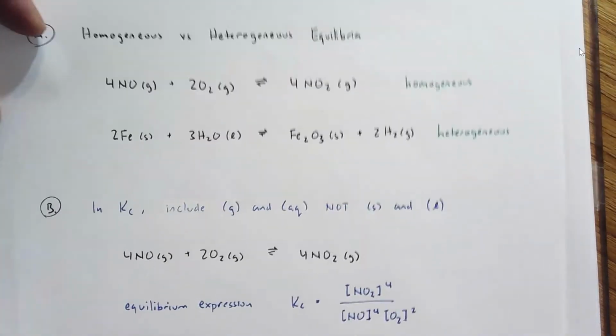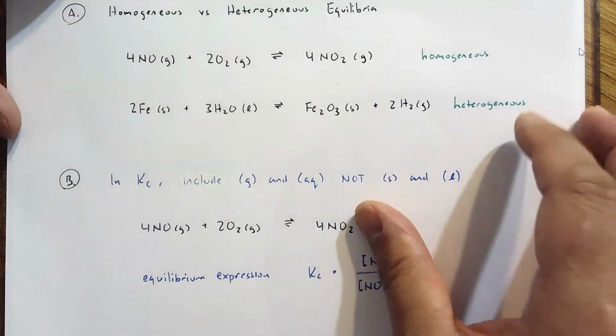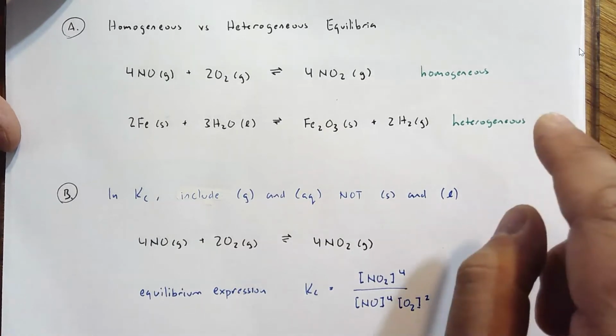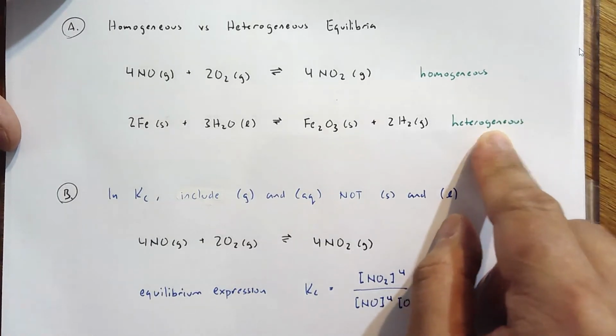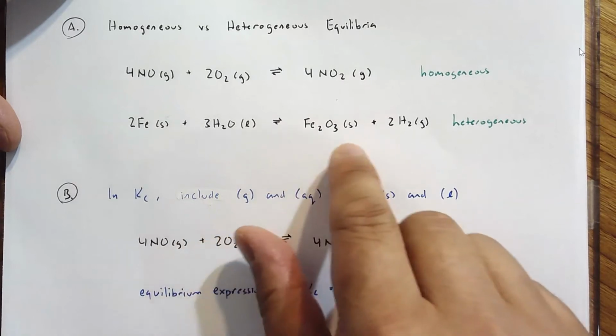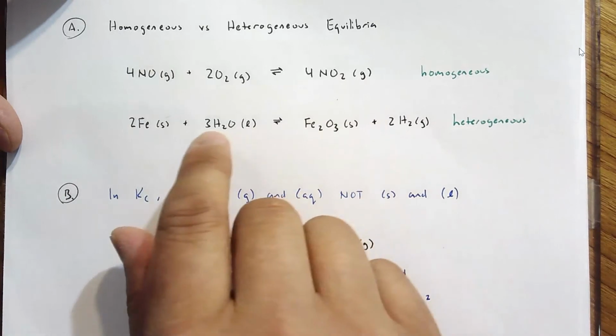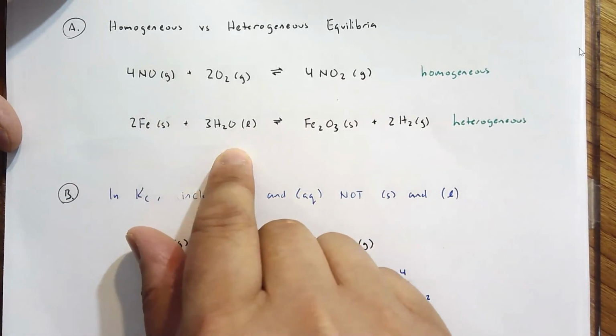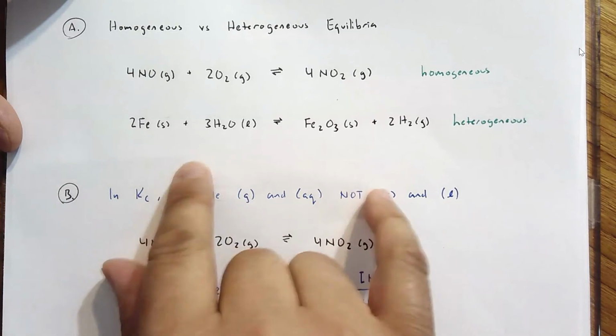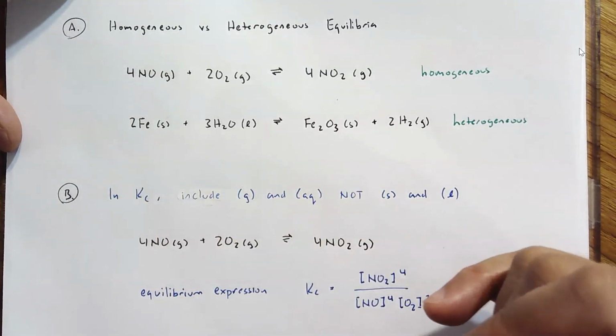Part C, and then I'll let you all go. Part C is some more practice. I kind of hesitate telling you this because it's obvious, but I don't want you to overthink it. Just because something is heterogeneous doesn't mean that you'll have to leave out some compounds, because if the heterogeneous reaction has aqueous plus gas gives you gas, all of those three compounds belong in the equilibrium expression.